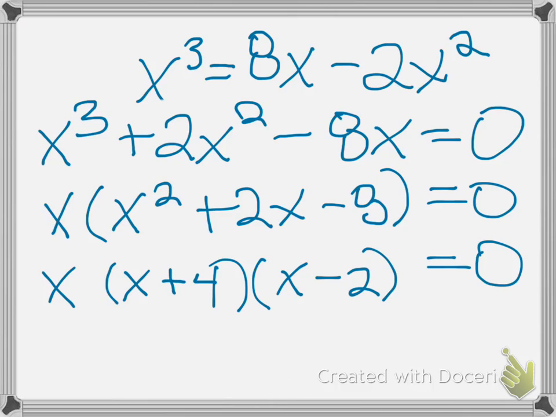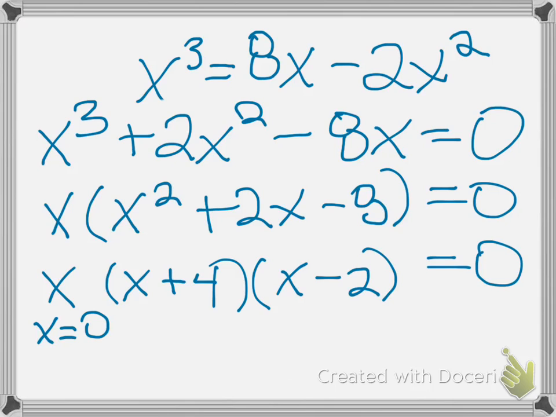Now we have our polynomial expression completely factored into three factors, which means we have three solutions. To get those solutions, we use the zero product property, and we set each of our factors equal to 0. The first solution is pretty obvious: x equals 0.